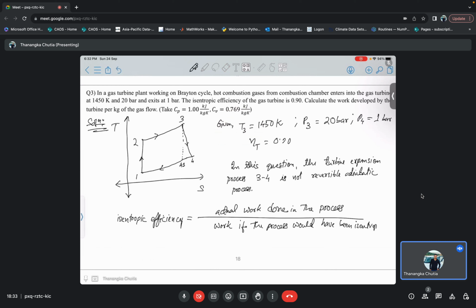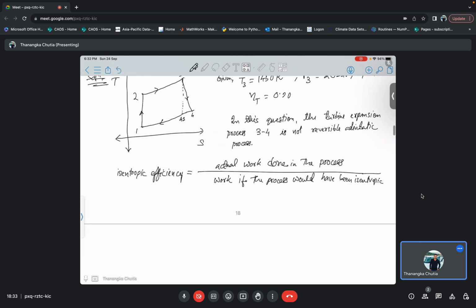If it would have been isentropic, it would have expanded to a larger distance. But since this is not expanding to a larger distance, we have to now calculate the expansion process.